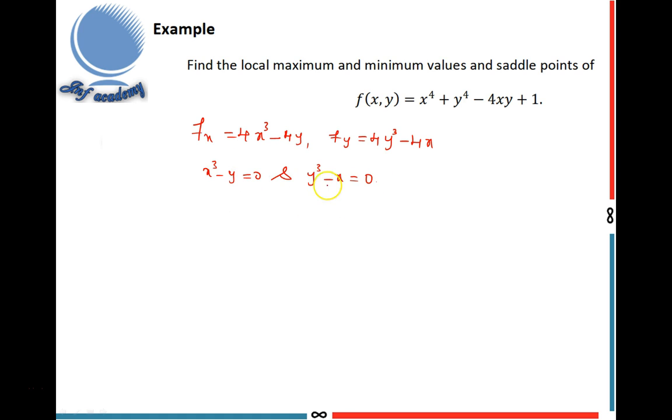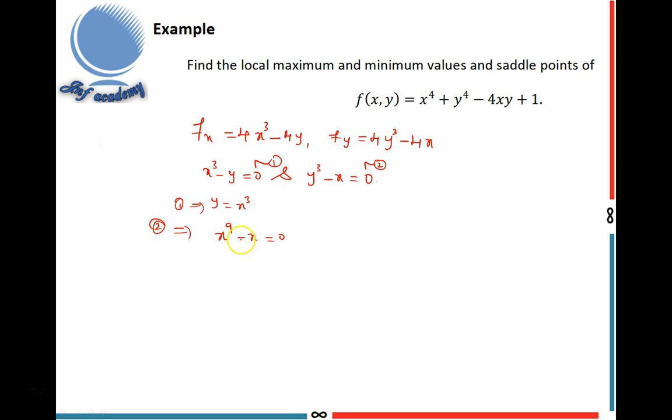To solve these equations, we substitute y = x³ from the first equation. I substitute the value y = x³ in the second equation. This gives y³ = (x³)³, that is x⁹ − x = 0.